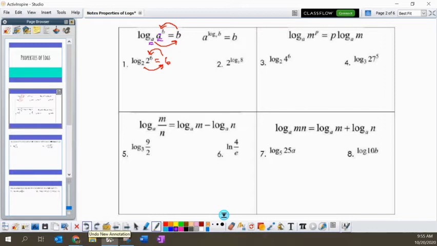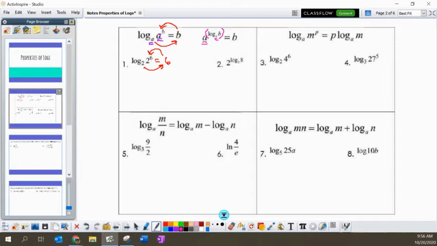So the next property is similar, but it's going in the other direction. If we have an exponential expression, a raised to a power, and a logarithmic expression, log base a, with the same base, then a to the log base a of b equals b. Let's think about why that would be true. Remember, the answer to a logarithm is an exponent. So the logarithm is saying, what power do we raise a to get b?